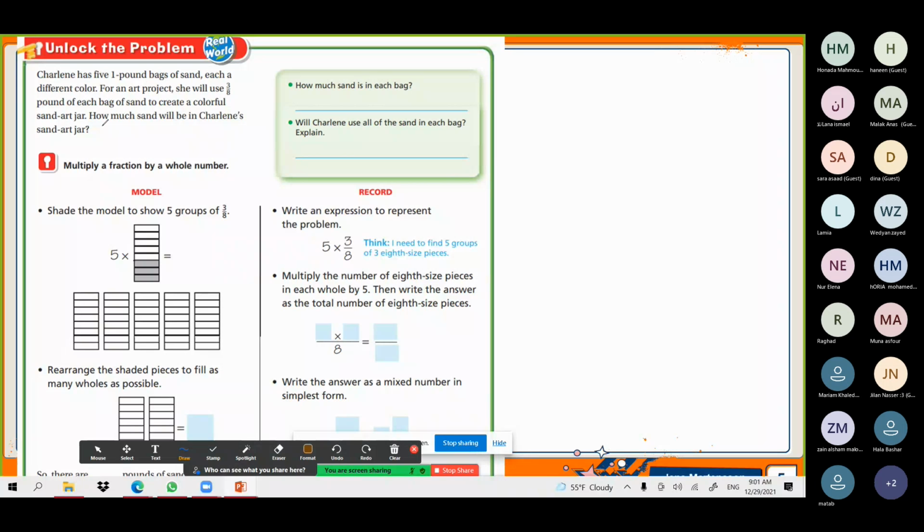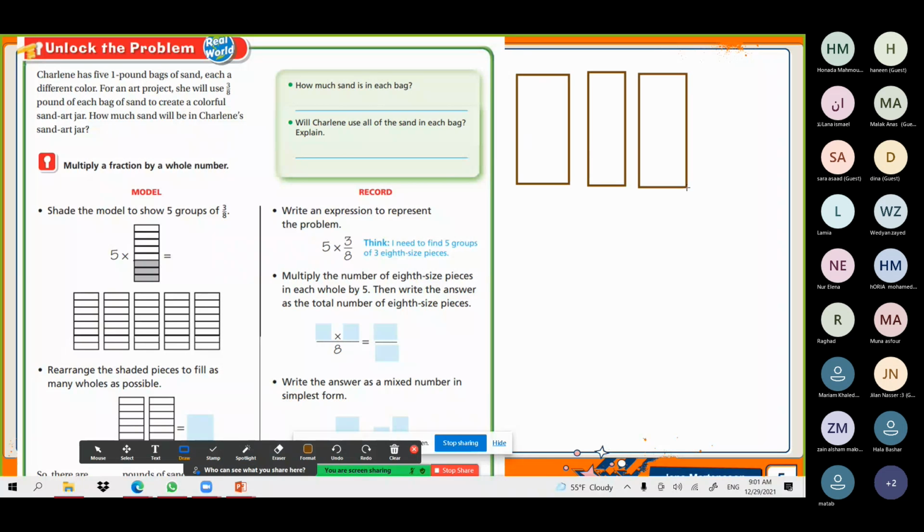So now she has 5 bags and she wants to use 3/8 from each of them. For the first one, she wants to use 3/8. For the second one, 3/8. So here she has 5 bags: 1, 2, 3, 4, and 5.